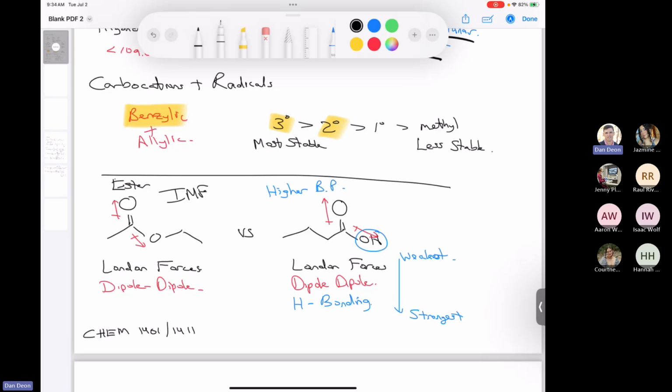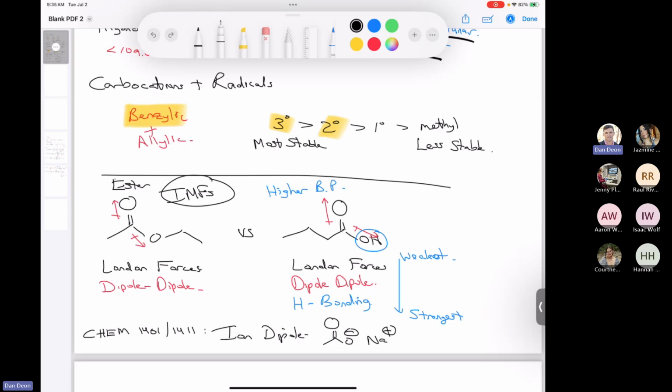You would also talk about things like ion-dipole forces. Say you have something like a carboxylate, like this, and then you have a sodium cation. Well, this is an ion, and then you have a dipole here, so you have both of those forces in a compound like that.